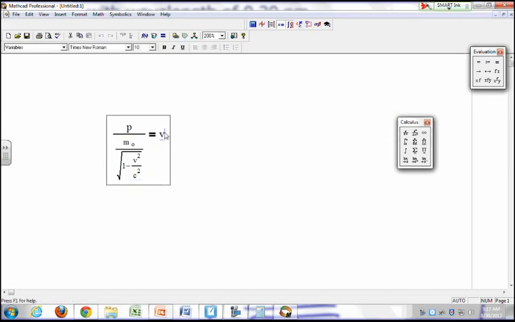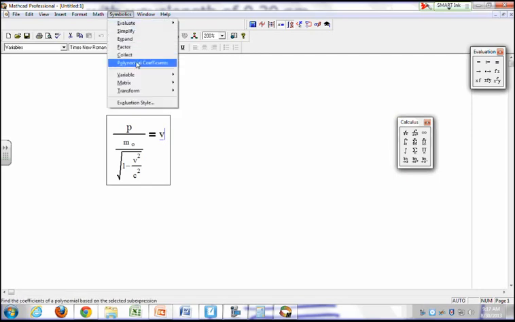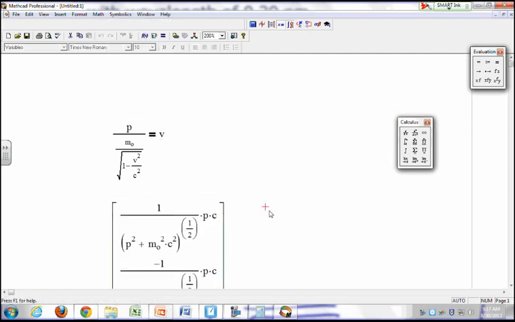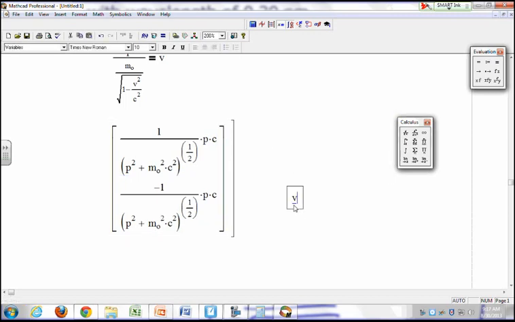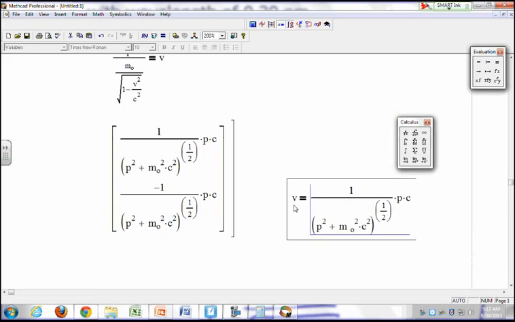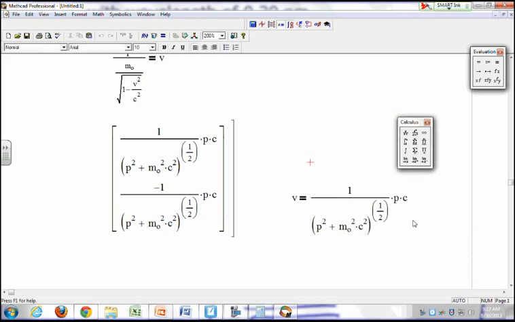And now what I can do is solve for v: symbolic, variable, solve. And there's your expression for v. So v equals that, right, so that's going to be PC over the square root of P squared plus m naught squared c squared.